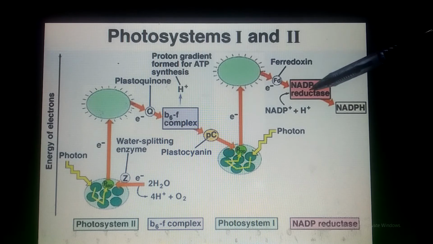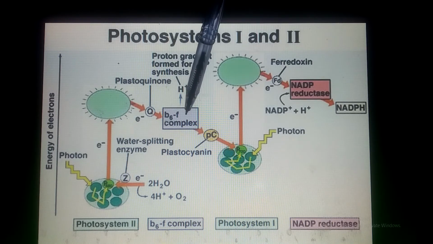NADP is oxidized, and then after accepting the electrons and protons, it becomes NADPH, the reduced form, by the help of the enzyme NADP reductase. Must keep it in your mind. NADPH is produced at the ferredoxin stage by the NADP accepting the electrons, and the ATP is produced at the cytochromes complex.